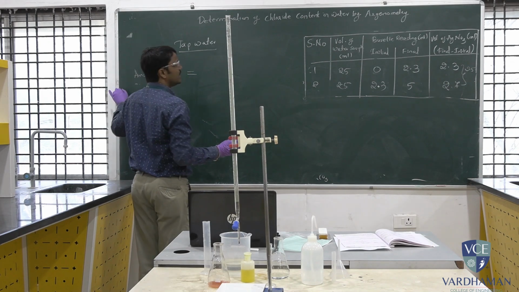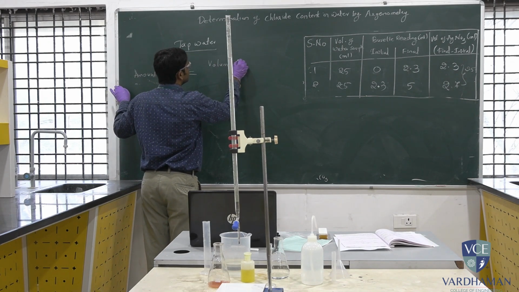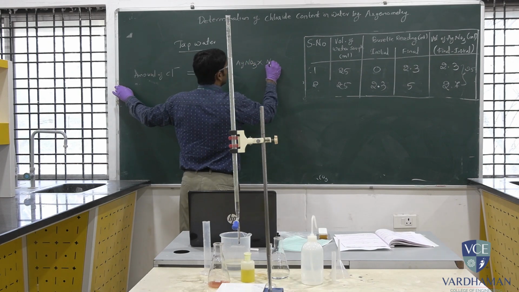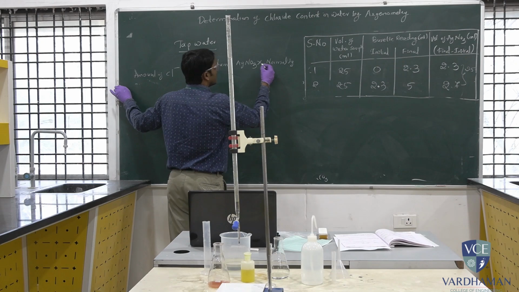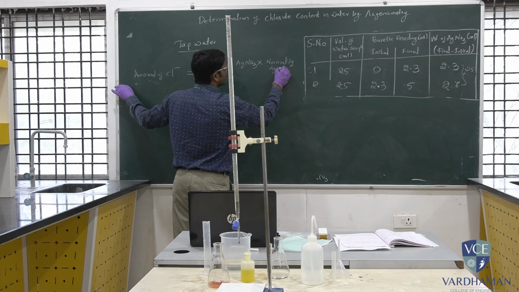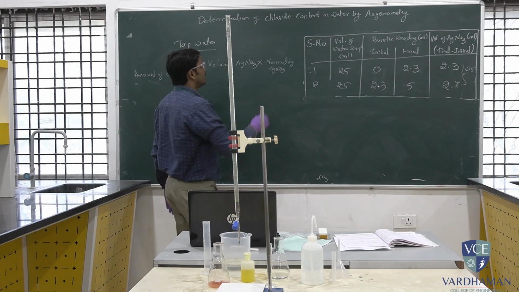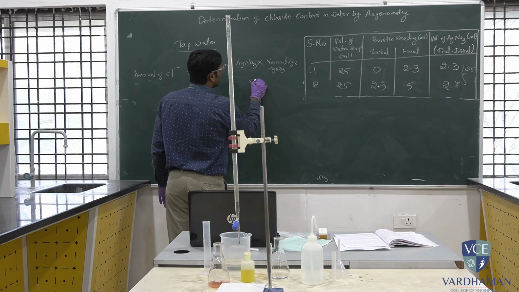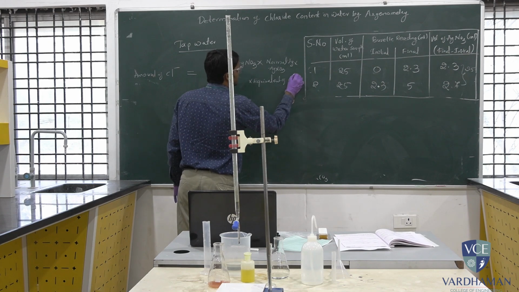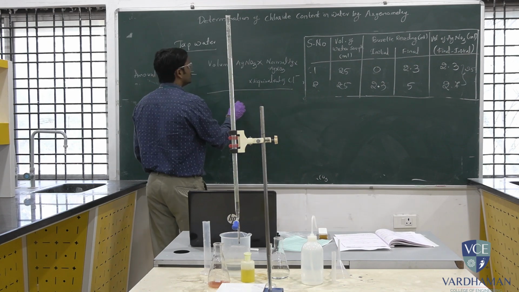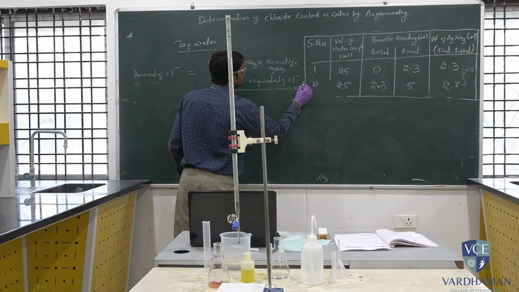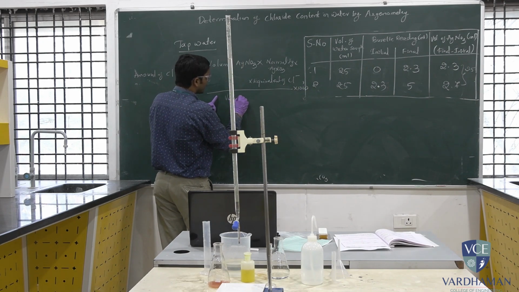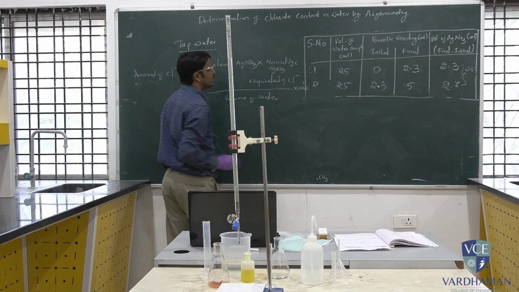The volume of AgNO3 consumed when we titrate against the water sample, and the normality of the silver nitrate, which we already know is 0.014 normal, and the equivalent weight of chloride, which is 35.5, multiplied by 1000, divided by the volume of water sample we have taken, 25 ml.